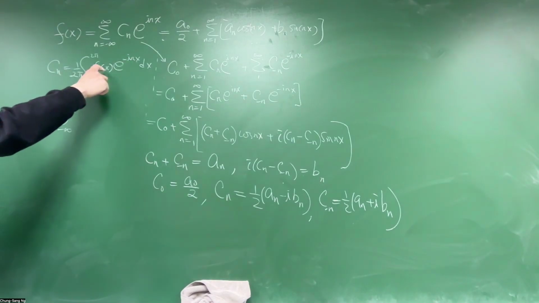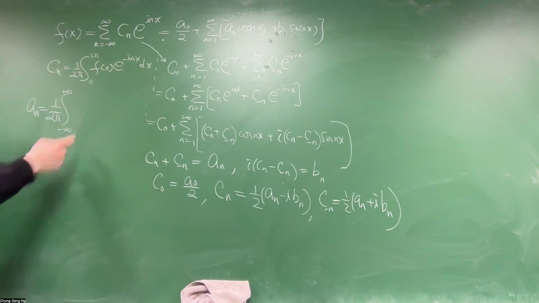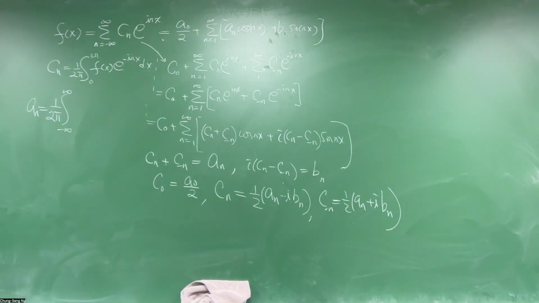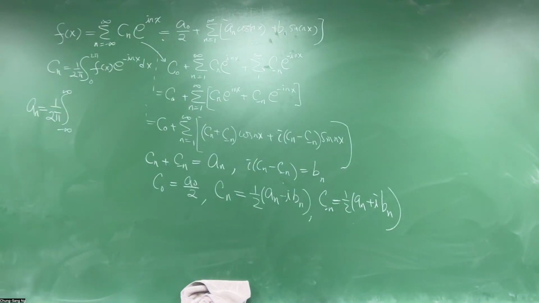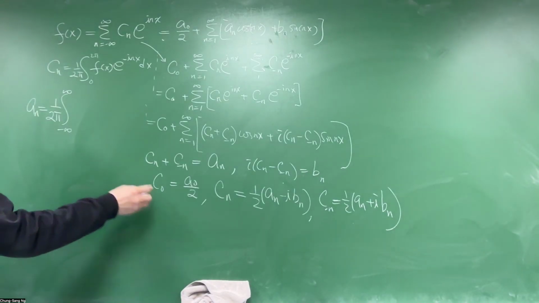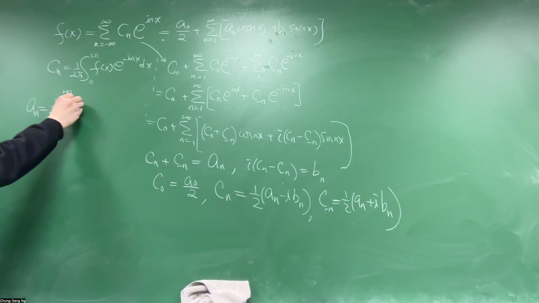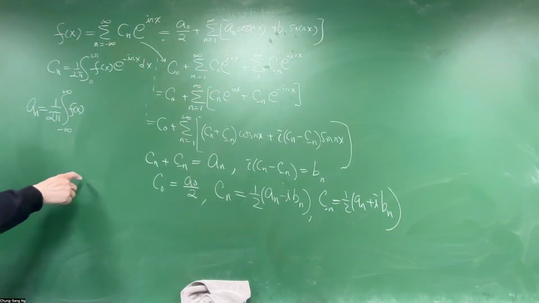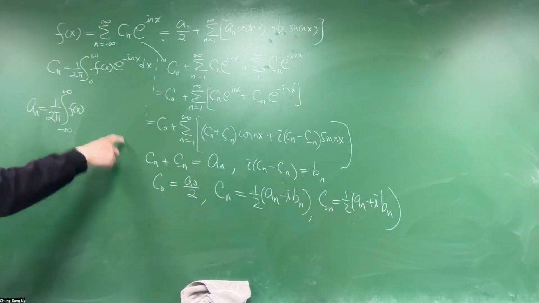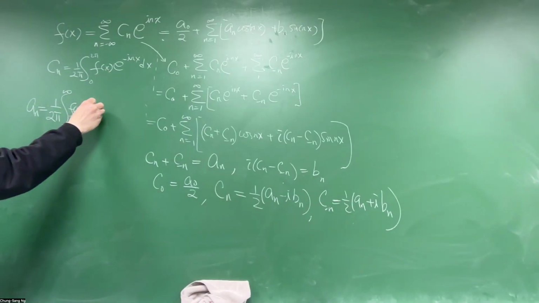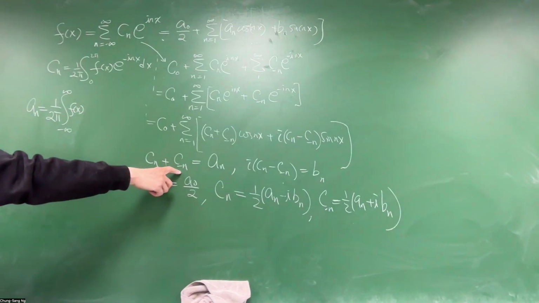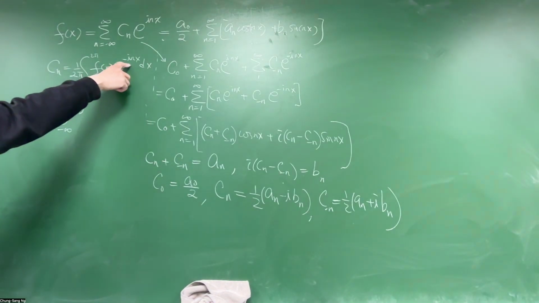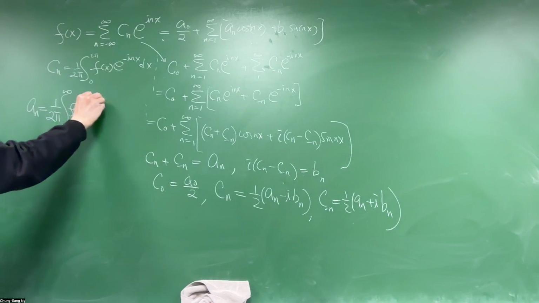And by the way, I keep it x. Your text will change x to s in the integral. It doesn't matter because x in the integral is just a dummy variable, so whatever you call it doesn't matter. Just keep x. And so we have e to the i n x, e to the minus i n x, and the other I change to minus n, becomes e to the i n.